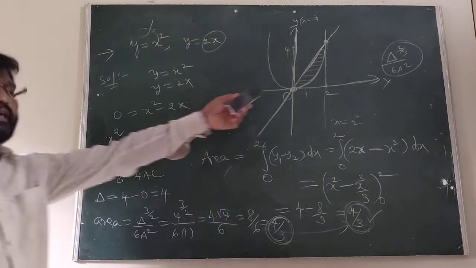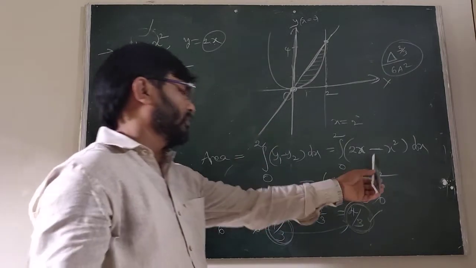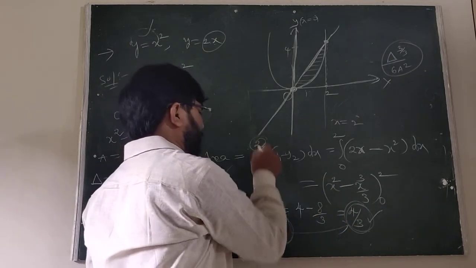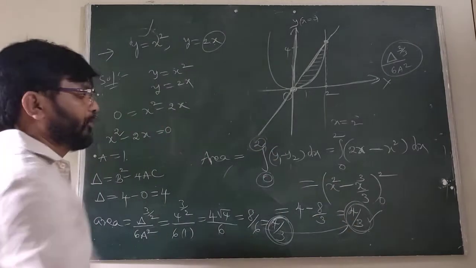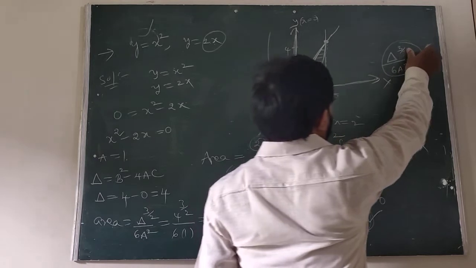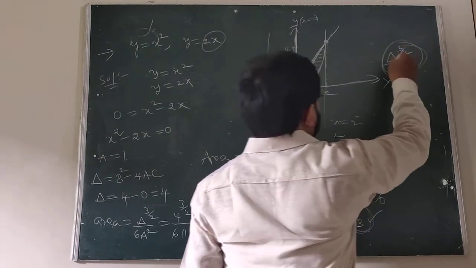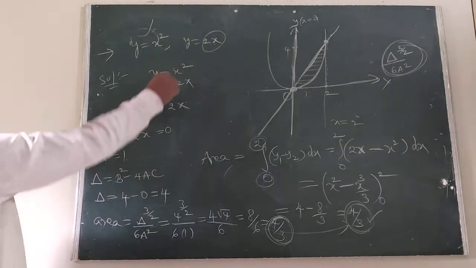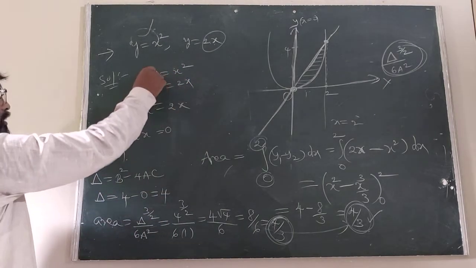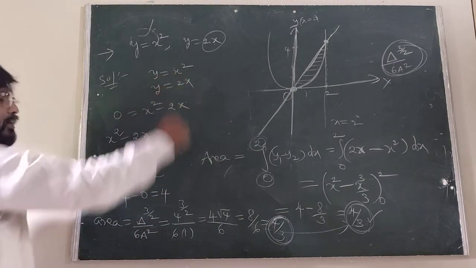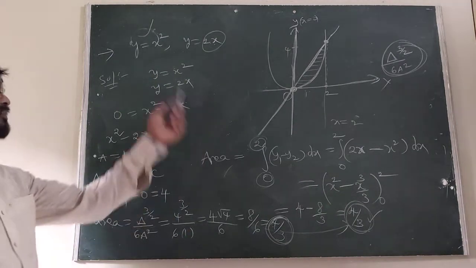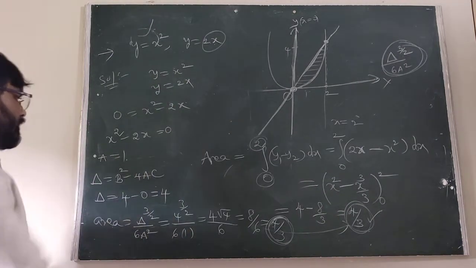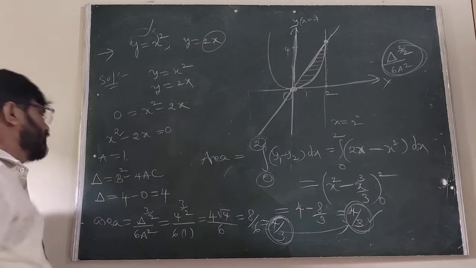We don't write the diagram and we don't apply the different integrals. You know that the direct formula is delta power 3 by 2 upon 6a square. Here first you subtract y equal to x square and y equal to 2x, then we got x square minus 2x equal to 0.